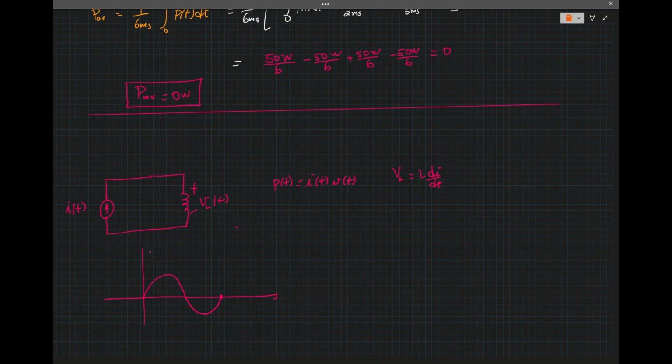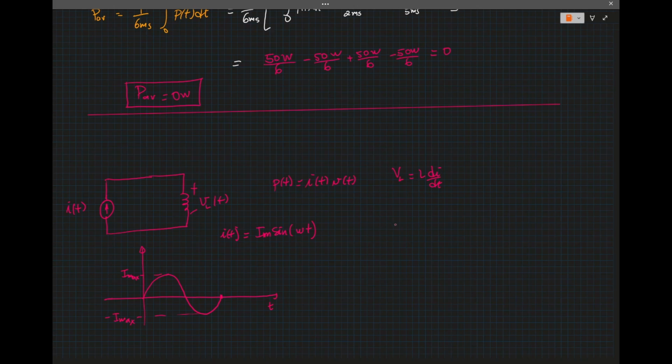Now let's say this is the amplitude, I max, so minus I max. So we could write the current i(t) as I_m sine omega t, for example.